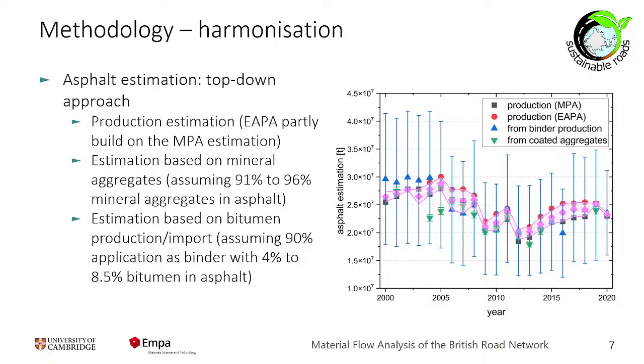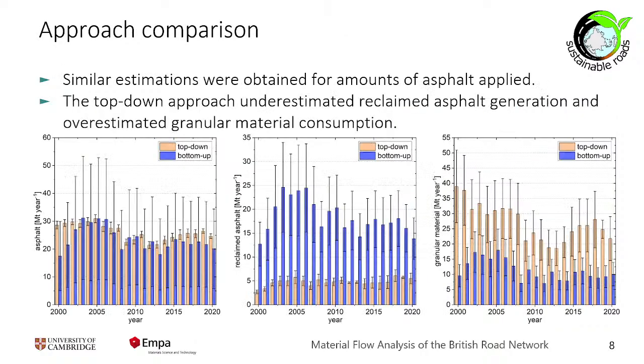Now comparing both approaches, the top-down and the bottom-up, we can see for the asphalt it matches quite closely, with a little bit of an error in the beginning because I had to start at some point, so my material stock needed to be developed, and it catches up quite well.